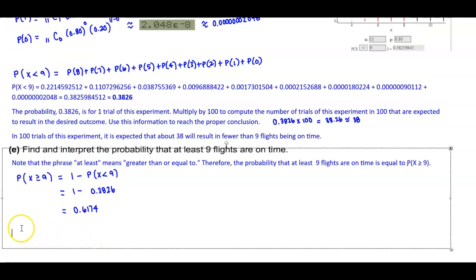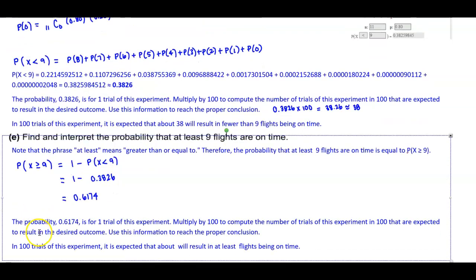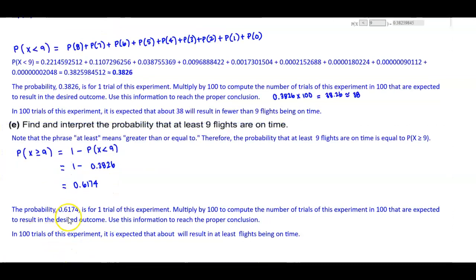Okay, now that we found that probability, the probability of 0.6174 is for 1 trial of this experiment. Again, we're going to multiply by 100 to compute the number of trials of this experiment in 100 that are expected to result in the desired outcome. And we're going to use this information to reach the proper conclusion.